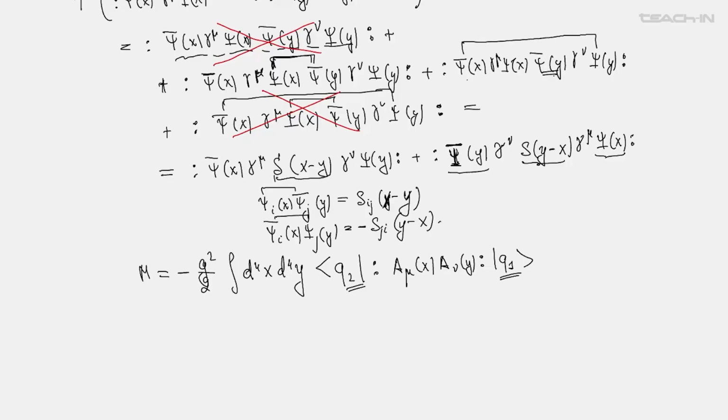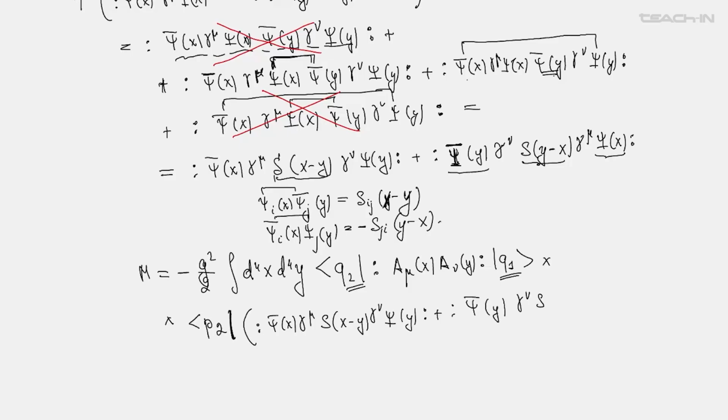So P2, the electron state on the left, and then psi bar on X, gamma mu S X minus Y, gamma nu psi on Y, like this, plus psi bar on Y, gamma nu S Y minus X, gamma mu psi X.